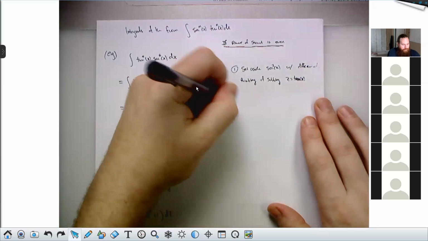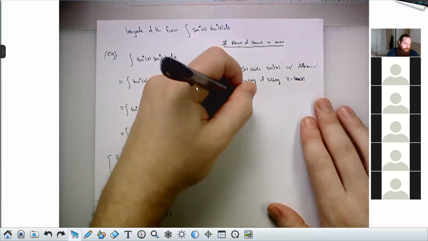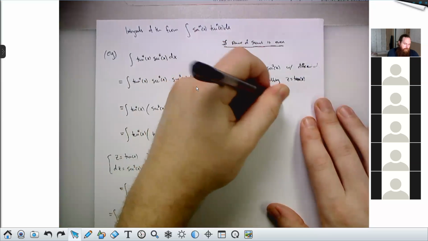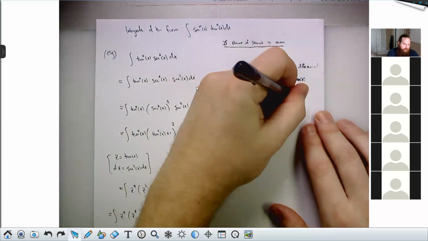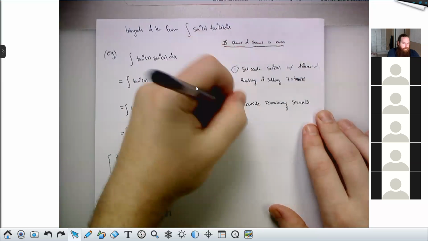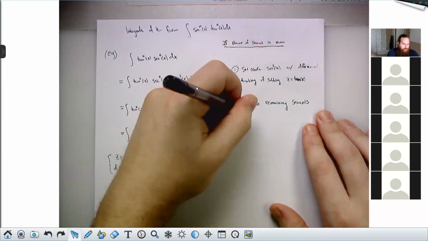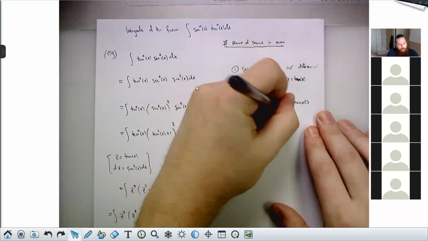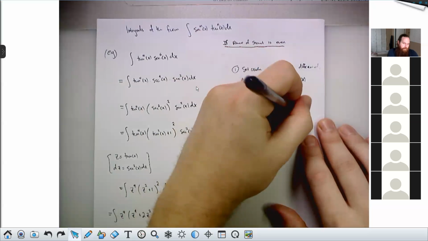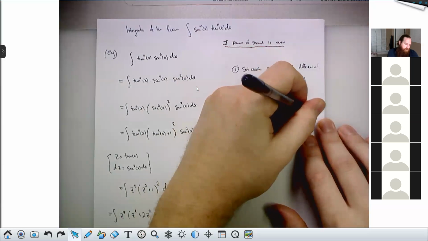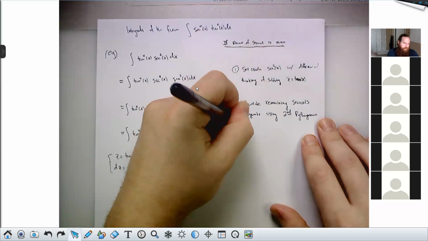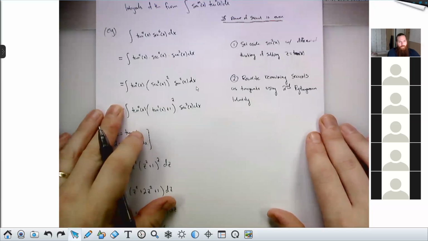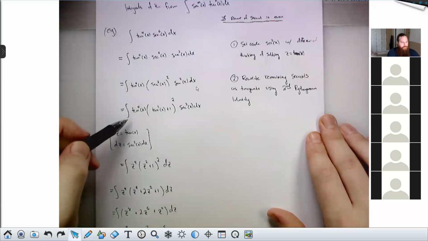Then we need to rewrite the remaining secants as tangents using the second Pythagorean identity. And that's these 2 steps here.